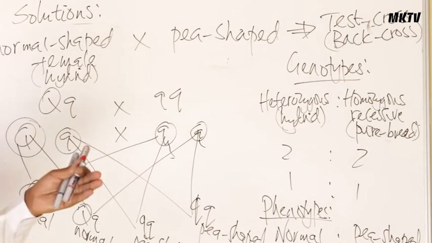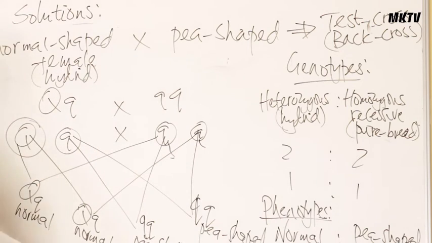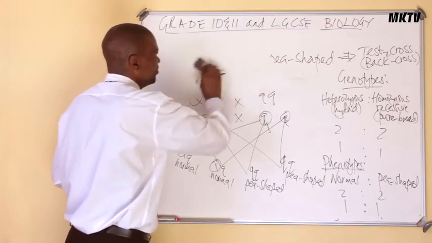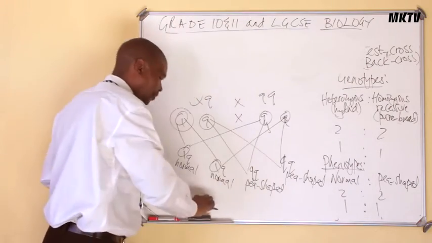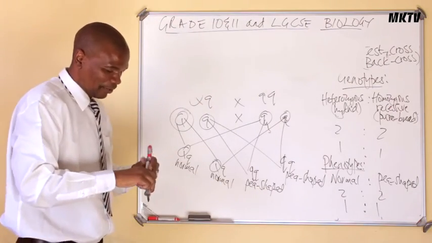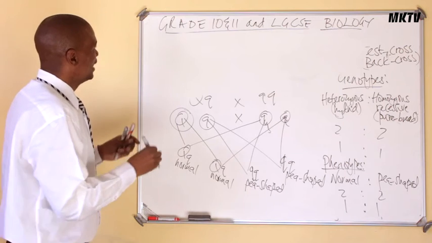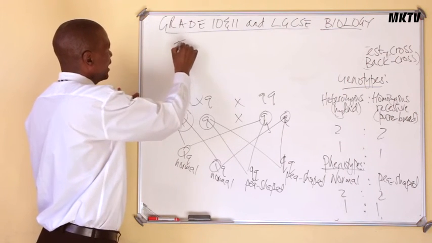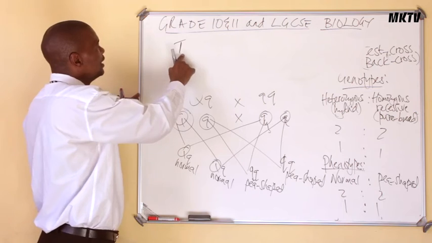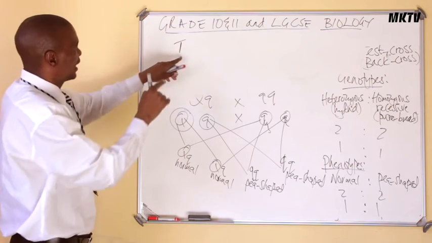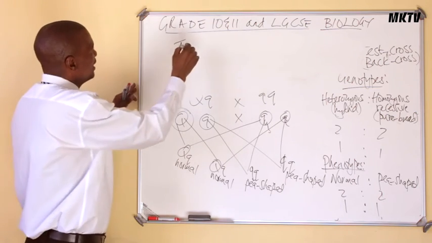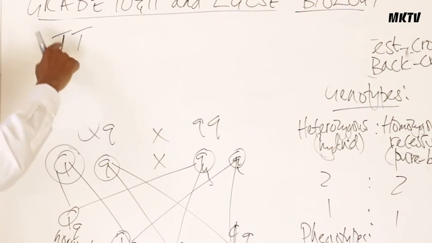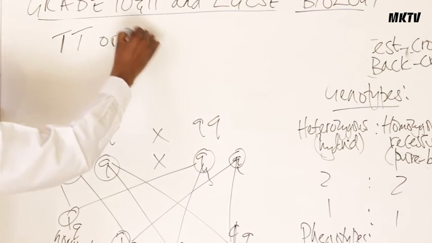When we perform a test cross, let's say you want to buy a merino ram, if it produces very nice wool, dominant wool, which we represent with T. And then we want to know whether our ram is like that or like that.